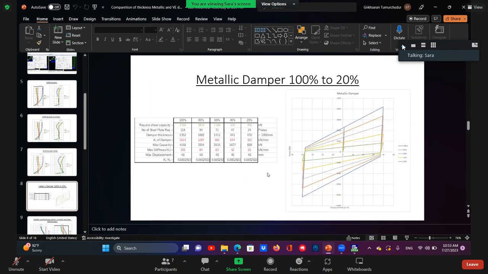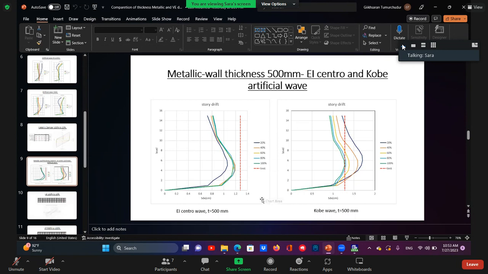For the metallic damper, 100% to 20%, and the shear capacity is 2,300. And this is wall thickness.